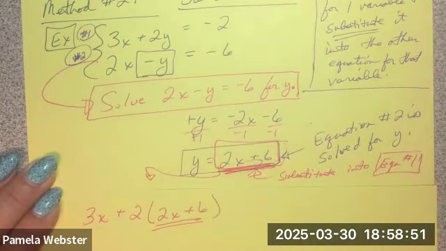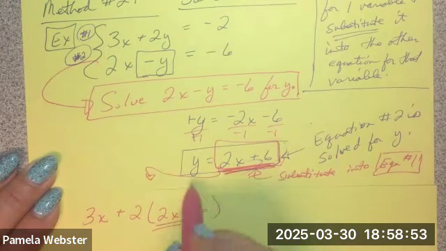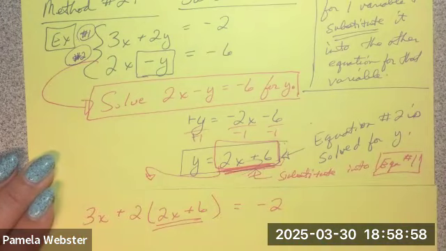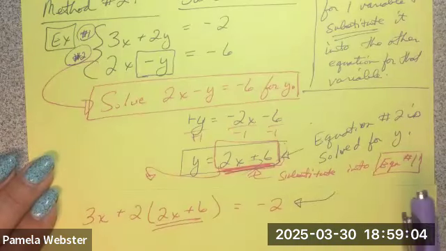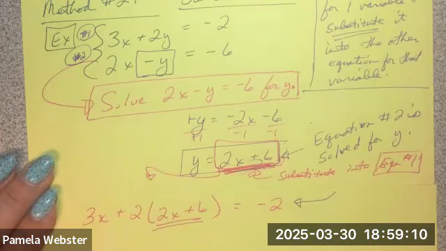So 3x plus 2 times the y stuff equals -2. That's equation number 1, but I've substituted in that stuff for the y. That's all I'm doing into the other equation for that variable.